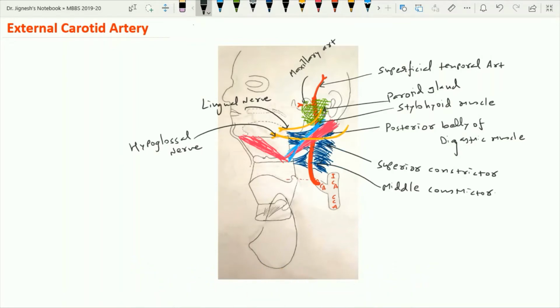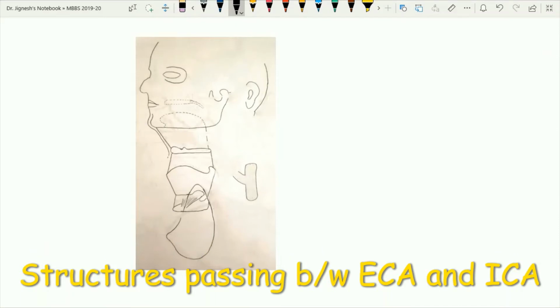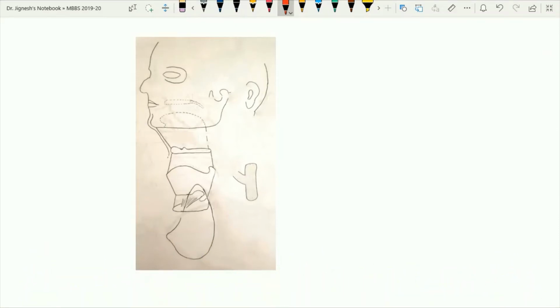Along with this, a few other structures also pass deep to the external carotid artery, lying between the internal carotid artery and the external carotid artery.